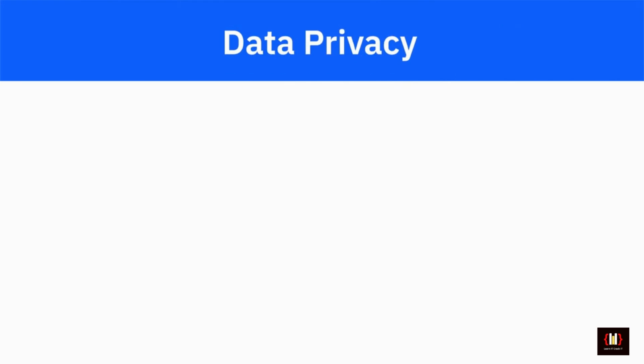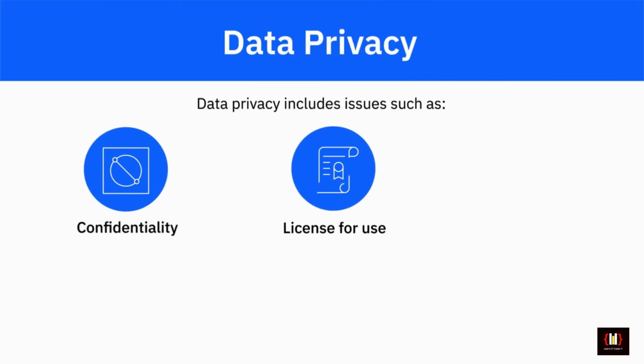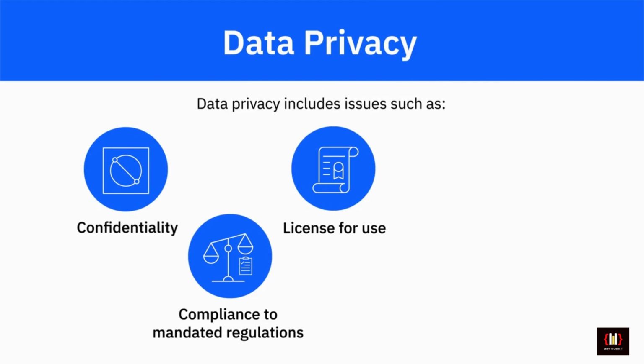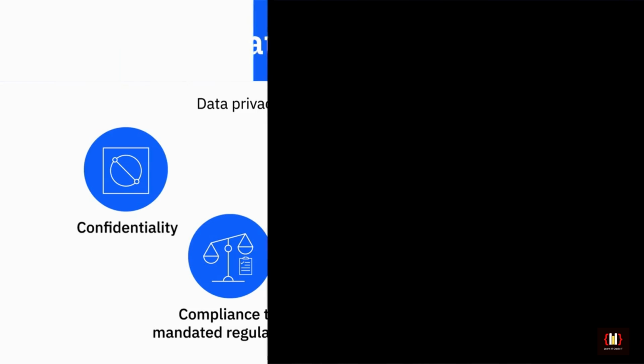Another important consideration is data privacy. Data you collect needs to check the boxes for confidentiality, license for use, and compliance to mandated regulations. Checks, validations, and an auditable trail needs to be planned. Loss of trust in the data used for analysis can compromise the process, result in suspect findings, and invite penalties.